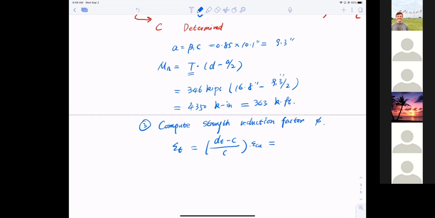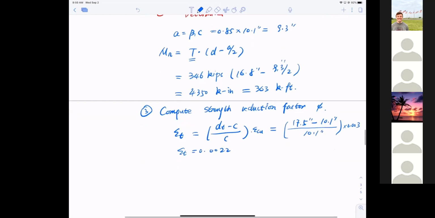Then dt we already got, 17.5 inch, minus c, which we guessed as 10.1, divided by 10.1, times 0.003. Turns out epsilon t equals 0.0022.